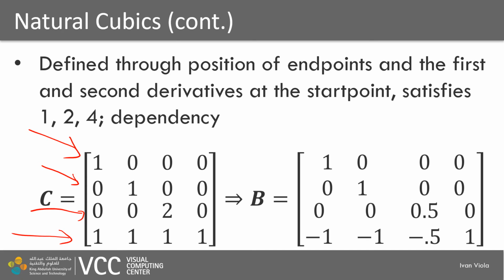And then after inversion, we obtain our basis matrix for our natural cubics. With this basis matrix, we can then compute our coefficients A0 to A3 so that we can define our cubic this way. Alternatively, we can also create our basis functions, and these basis functions can then be multiplied with the corresponding points, which we will choose at a later point.